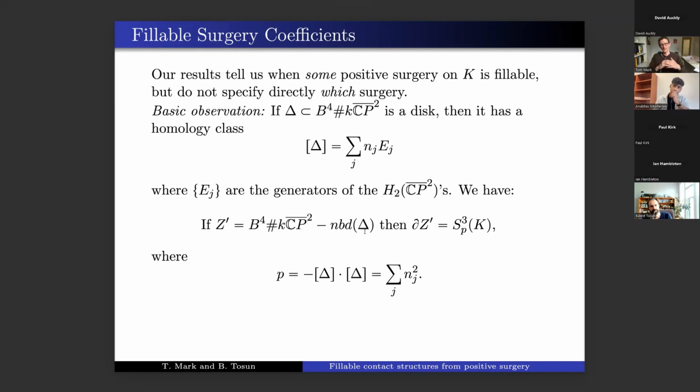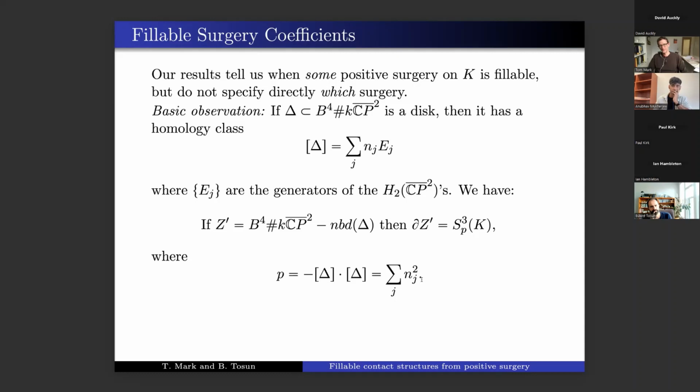So the surgery coefficient you're using is the self-intersection of the 2-handle, which in this case is the disk. You have to reverse the orientation because you're looking at it from the other side. So the surgery coefficient you get is the opposite of the self-intersection of this class, and the E_js have square minus 1, so you just get the sum of the squares.